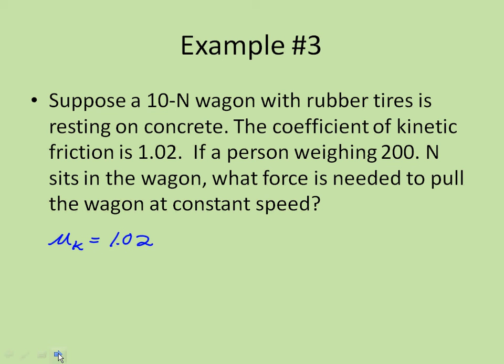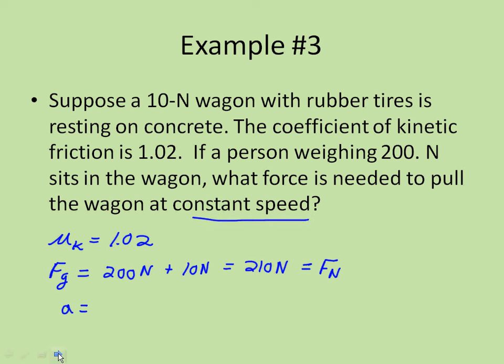The total weight of the wagon with a person in it is 200 newtons plus the 10 newtons, which is equal to 210 newtons. That is equal in magnitude to the normal force. Our acceleration, if we're at a constant speed, is going to be 0.